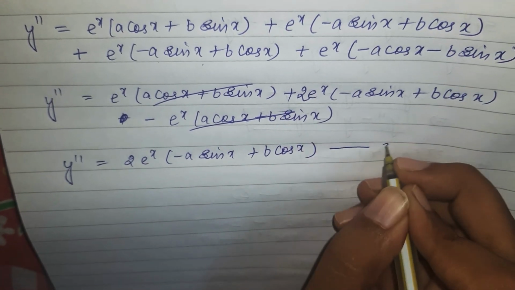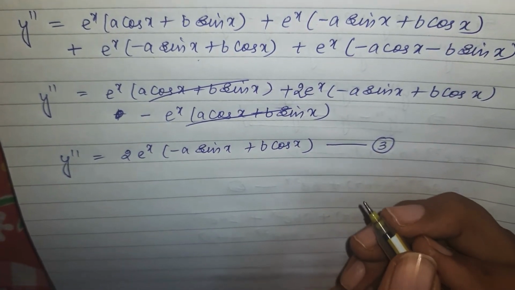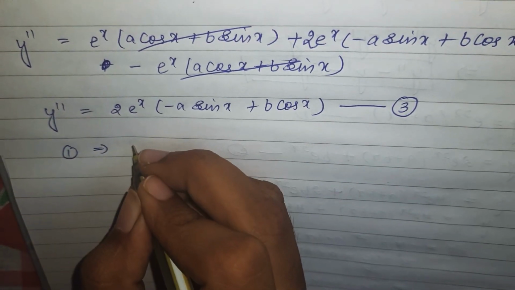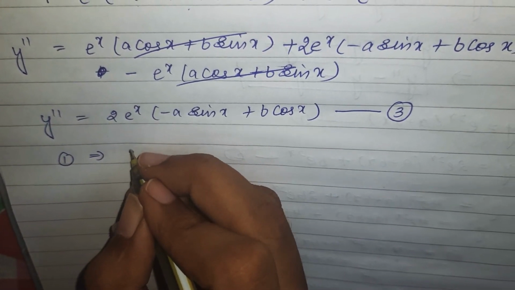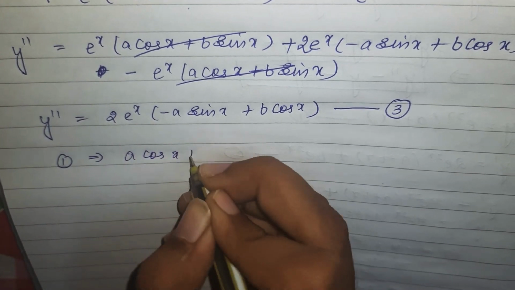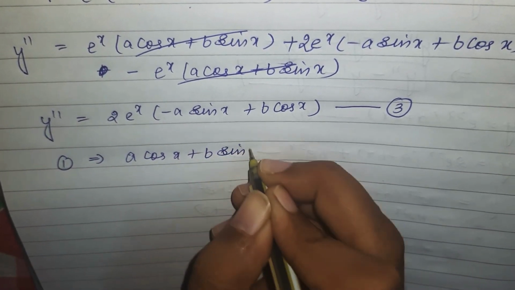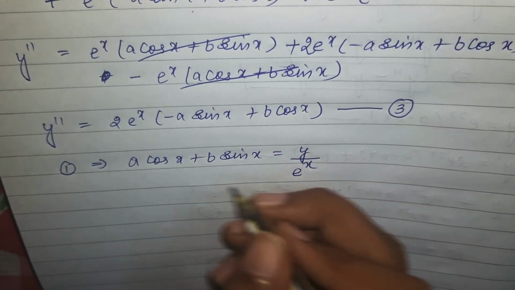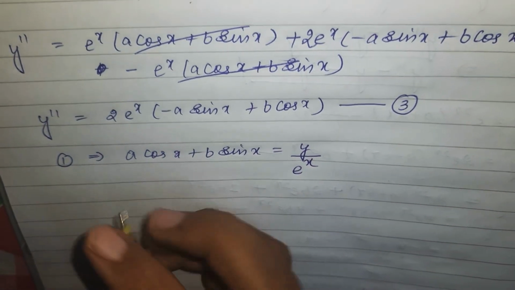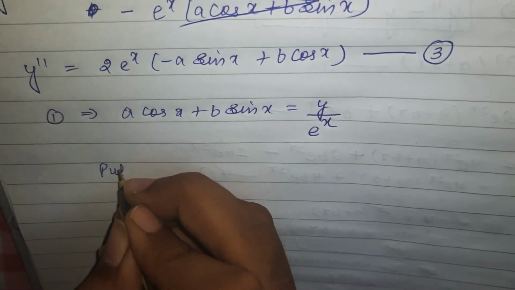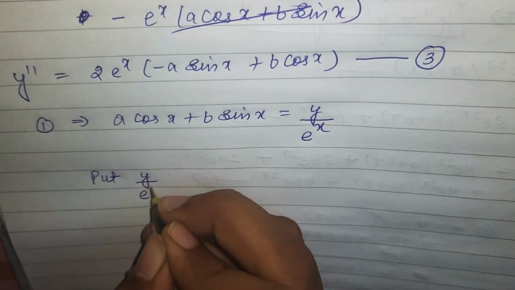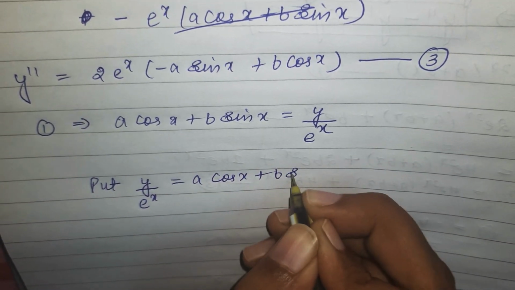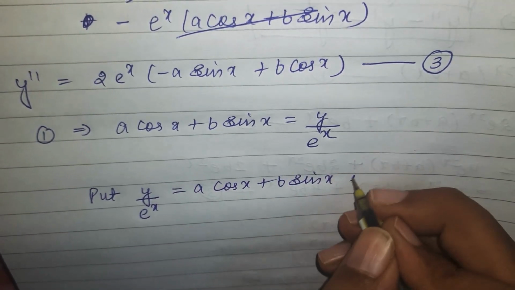Okay, mark it as 3. After marking it as 3, now look at equation 1. From equation 1, I can calculate a cos x plus b sin x is equivalent to y upon e^x. Now what you need to do, put y upon e^x as a cos x plus b sin x in equation 2.